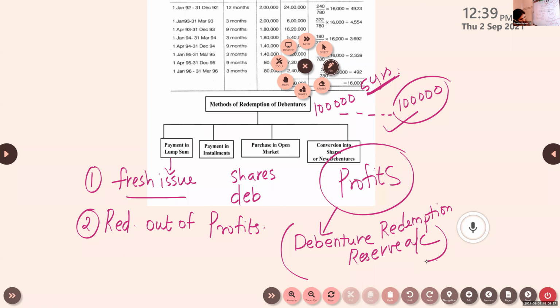Now there is one more, that is redemption out of capital. Third one. All these belong to payment in lump sum. We are discussing lump sum now. As a single installment, we have to repay the full amount. So they can go for either of these options.